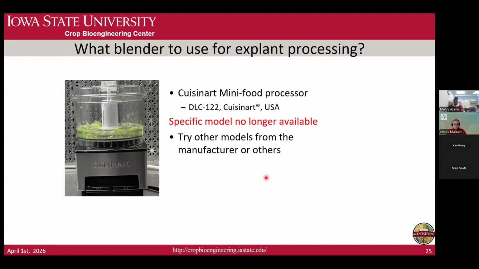Unfortunately, this manufacturer does not make this specific model anymore, but they have one currently which is quite similar. We have not tried it yet. We still use this because we have a number of these. So you can get that and test, and you can also try other models, because at the end of the day, the goal is to have a blender with enough space for your explants to go around for easy processing.